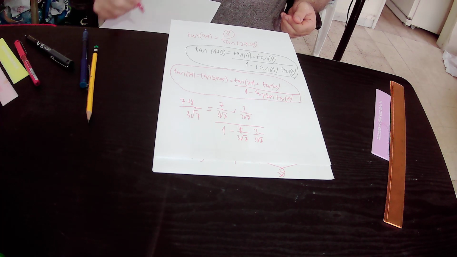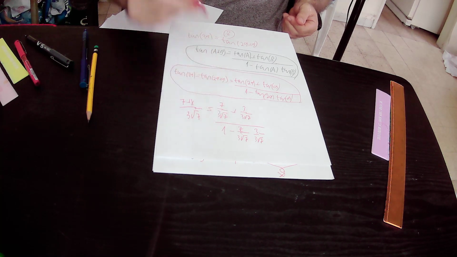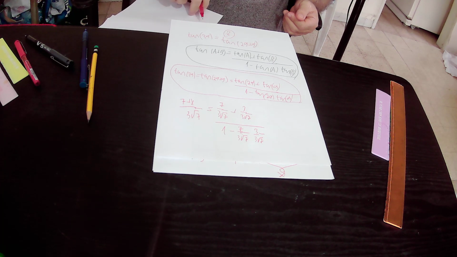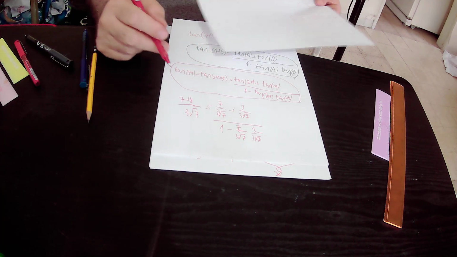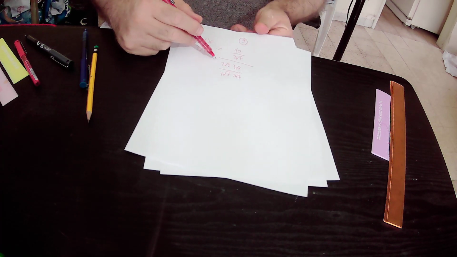all divided by, as I already said, we will substitute the value of 1 by 3 times root 7 times 3 times root 7 over 3 times root 7 times 3 times root 7. So we substituted 1 by this expression.